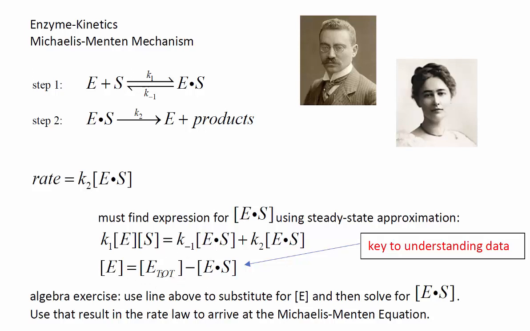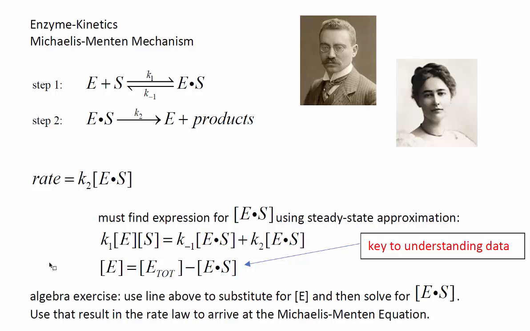And therefore we can use this expression to substitute for E in the steady state approximation. We've got to put this quantity in for E and then solve for the E dot S complex and plug it in to the rate law. Rate equals K2 times that.